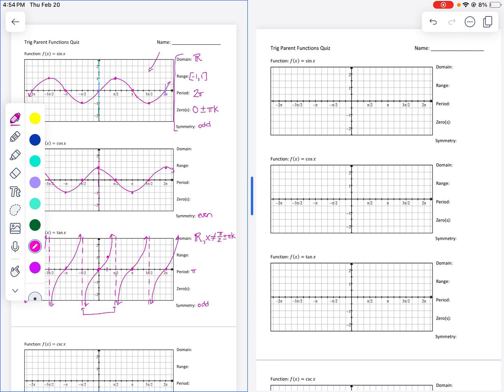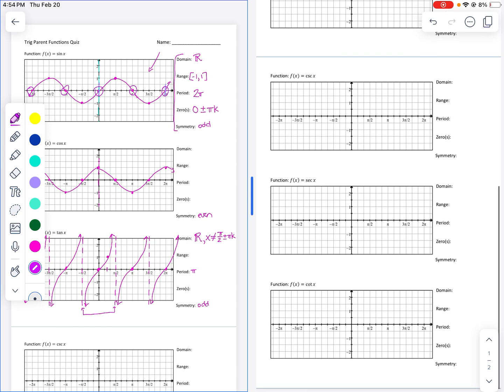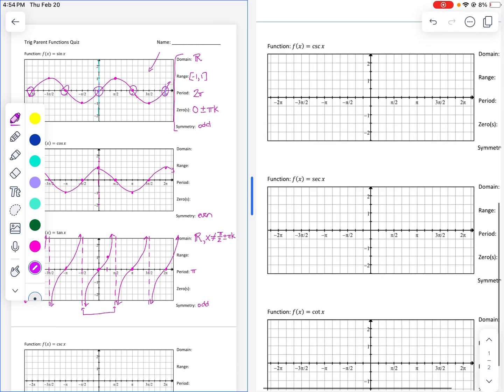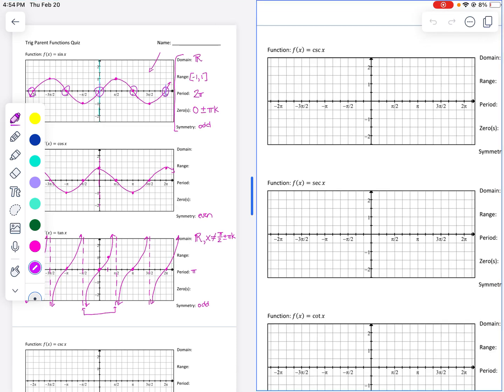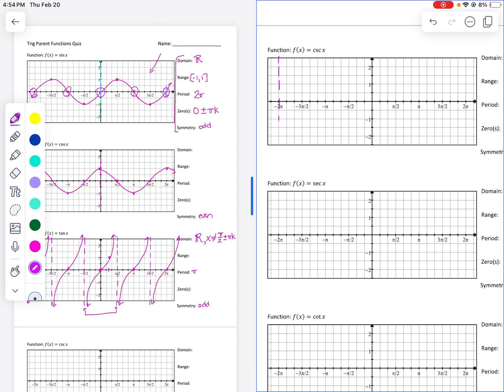anywhere that sine has a 0, so here, here, here, the reciprocal of 0 is undefined. So everywhere sine has a 0, cosecant is going to have an asymptote. So asymptotes everywhere sine equals 0. All right, so there's my asymptotes.